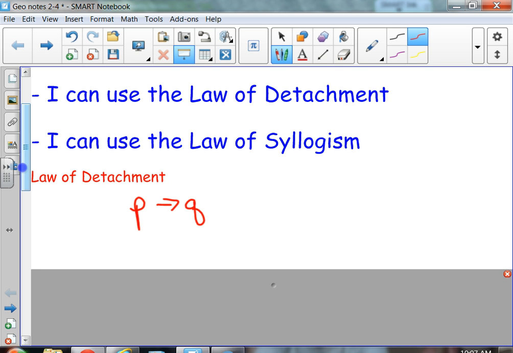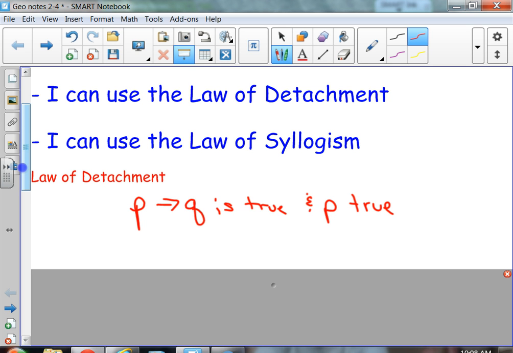If this statement is true, so we're assuming that if P, then Q is true, so if this statement is true and P is true, then Q is true.